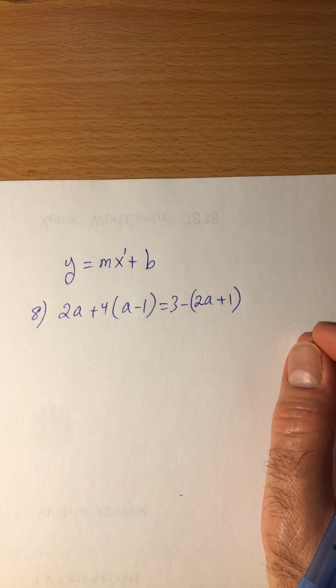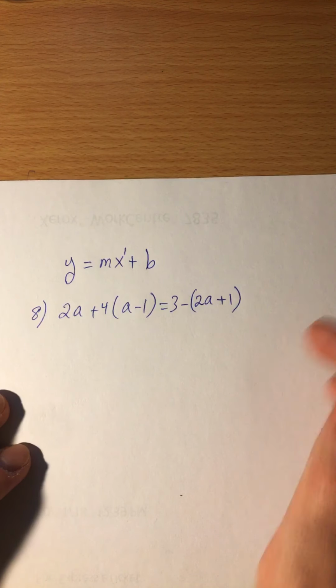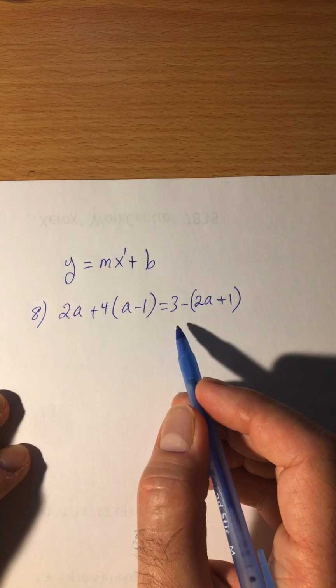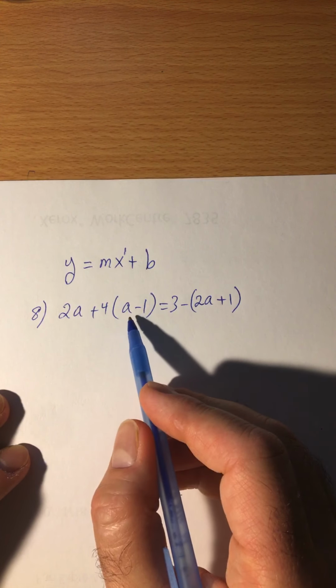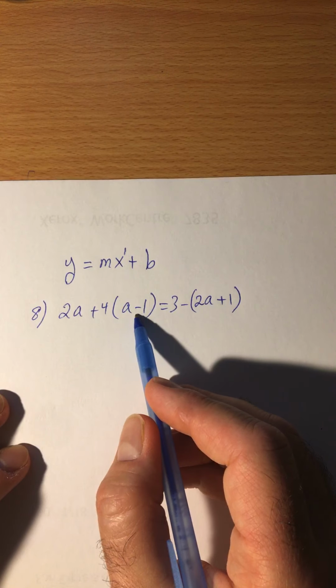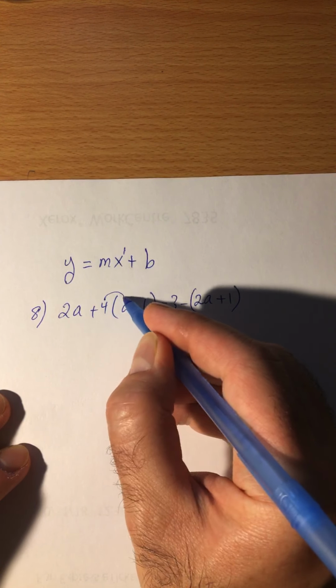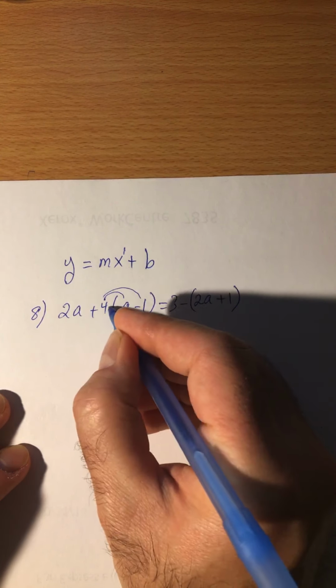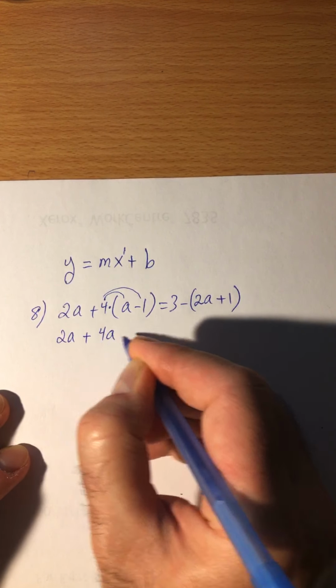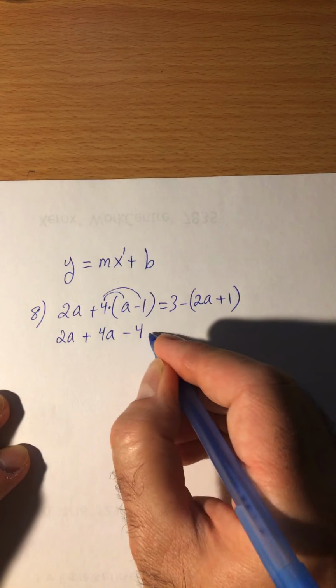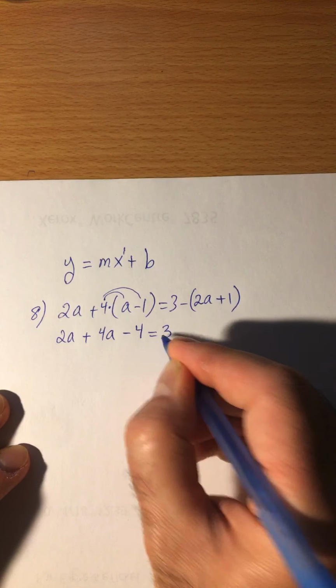A is our variable. So the first thing to do is simplify both sides if possible. So let's look at the left side. I can't do anything in the parentheses, but I can distribute the 4 inside because 4 is being multiplied. So you have 2a plus 4a minus 4 equals 3.